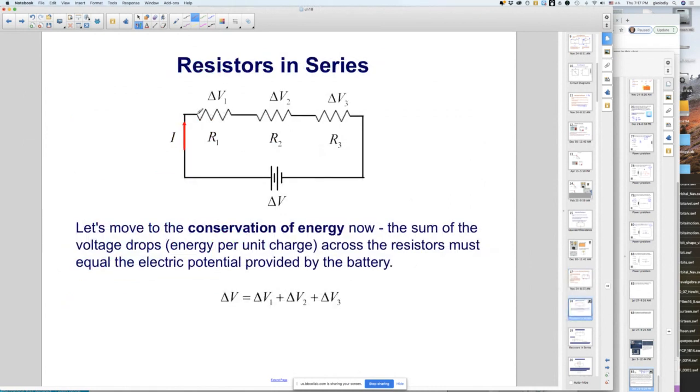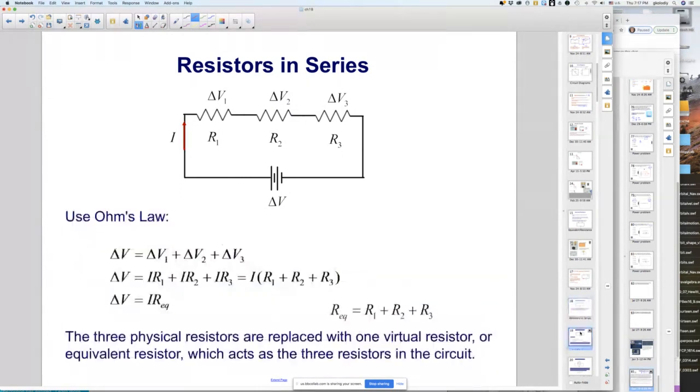Let's say you have three resistors with three different voltages across them, but they have to add up to the voltage of the battery, V. The current is the same, so delta V across the first resistor is I times R1, across the second it's I times R2, and across the third it's I times R3.